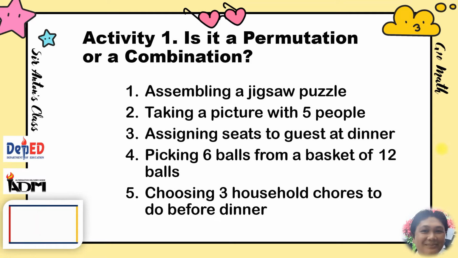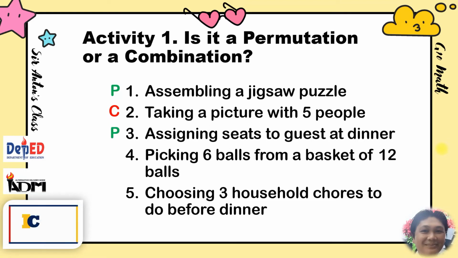Okay, let's just guess as of this moment. Number 1, what is your answer? If you guessed permutation, then you are correct. Assembling a jigsaw puzzle, because you can start anywhere in a jigsaw puzzle. How about taking a picture with 5 people? That is a combination. And third, assigning seats to guests at dinner.